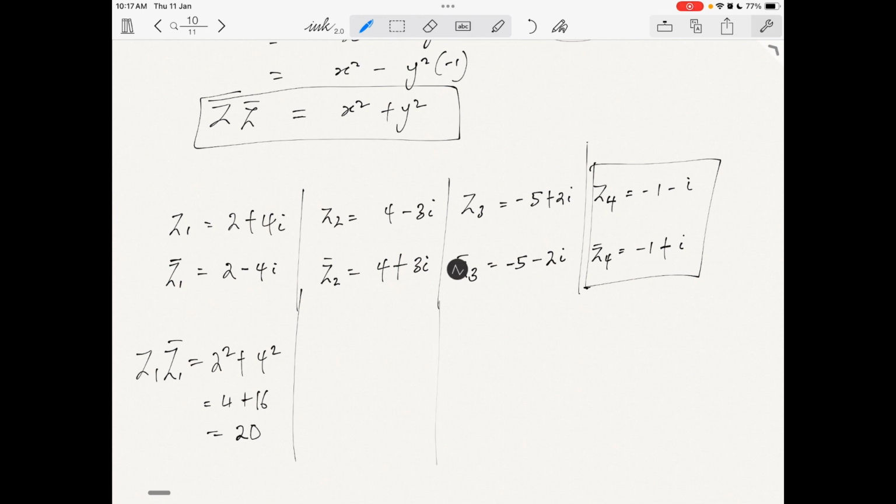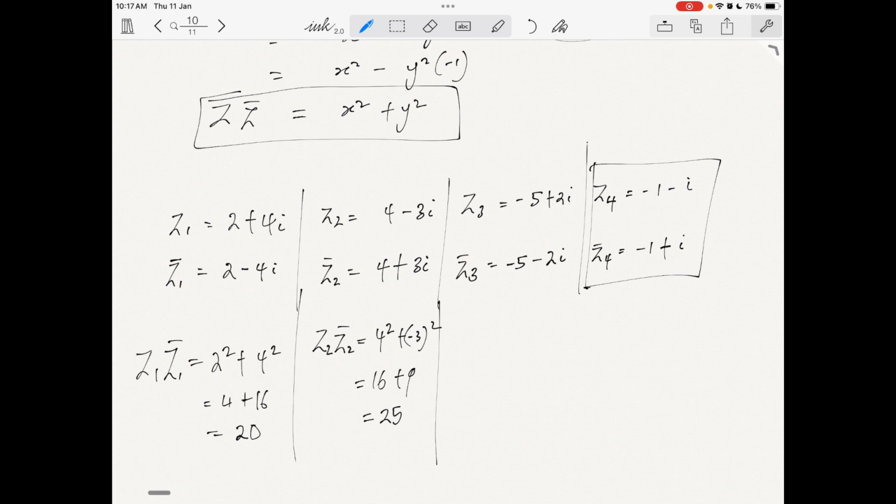Now the same thing applies here. z2, z2 bar. It will be the square of x, that is 4, and the square of y, that is minus 3. So this will give us 4 squared, which is 16, and minus 3 squared is 9, and this will give us 25.